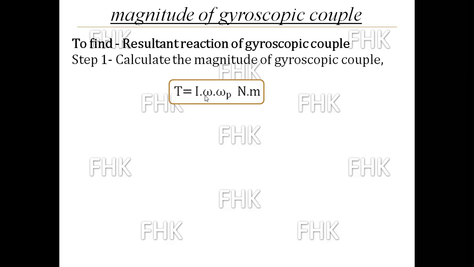I is the mass moment of inertia, omega is the speed of rotation about the spin axis, and omega p is the angular velocity during precession. So the magnitude of gyroscopic couple is equal to I omega into omega p.